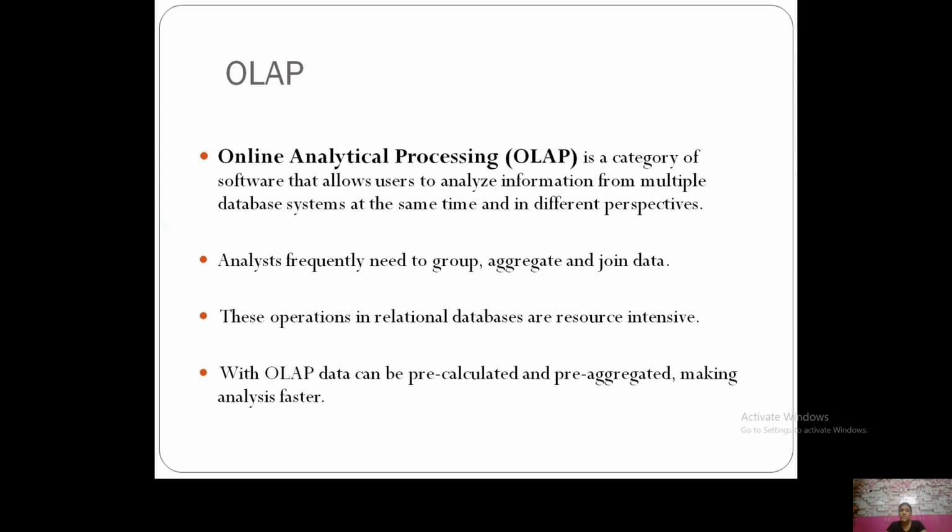Analysts frequently need to group and aggregate data to get the analysis and take decisions based on this analysis. With OLAP, data can be pre-calculated and pre-aggregated, making analysis faster.